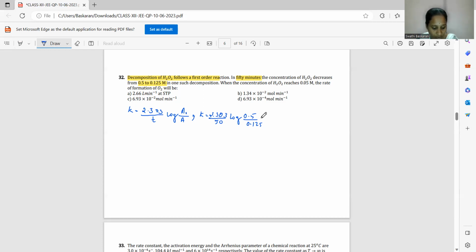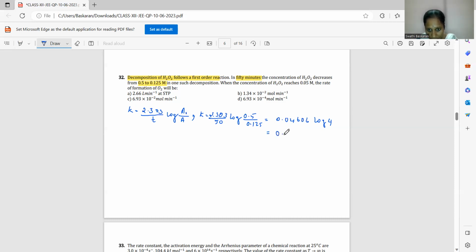Now how much would this value be if you simplify it? If you simplify 2.303 by 50, you will get a value of 0.04606, and this will become log 4. Now we know how to write log 4. Log 4 can be written as 2 power 2.